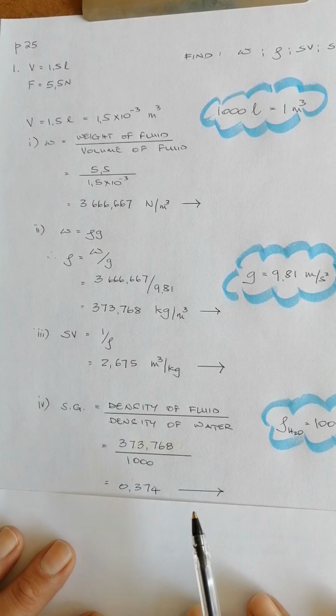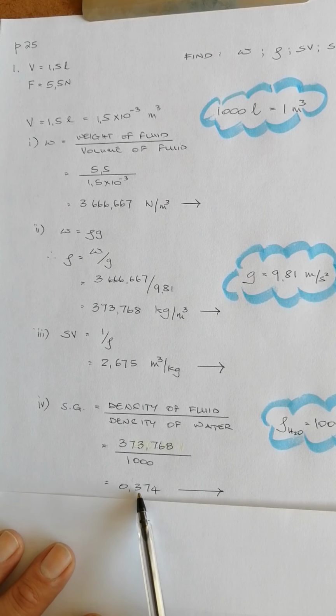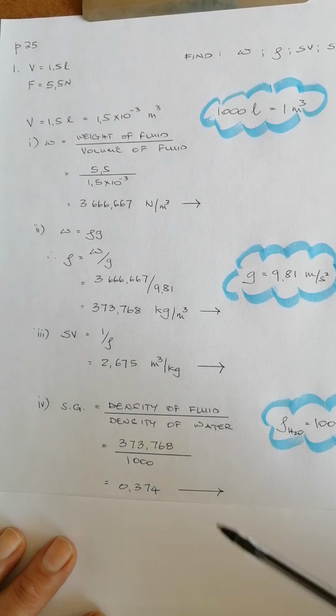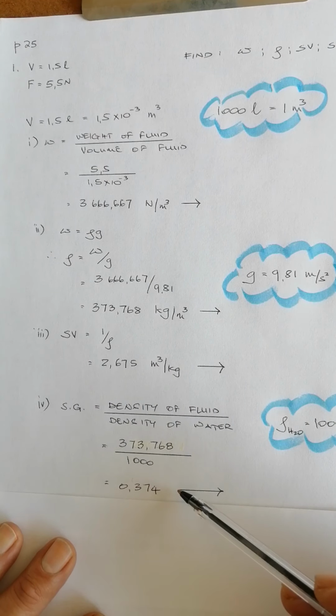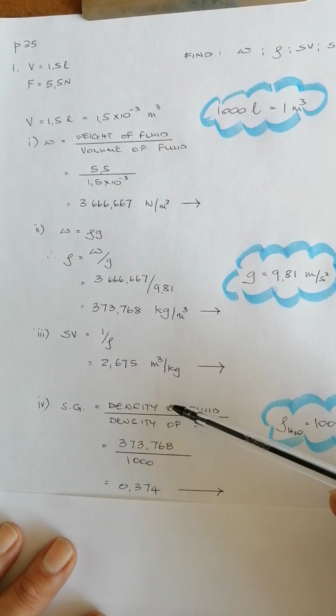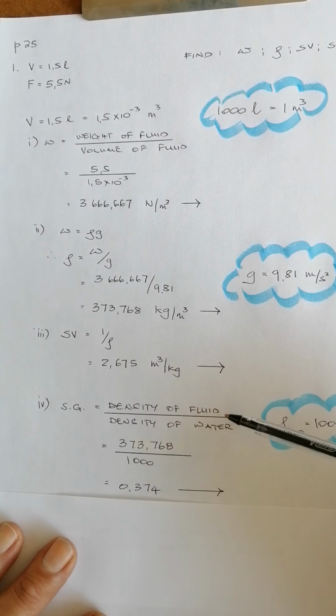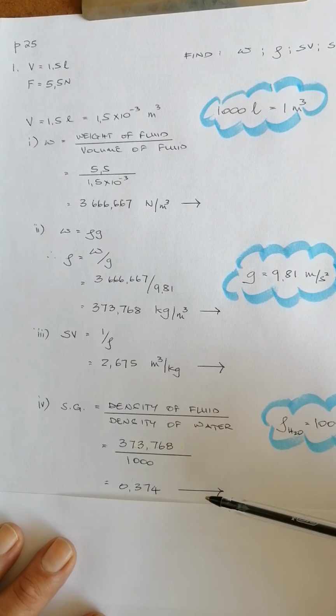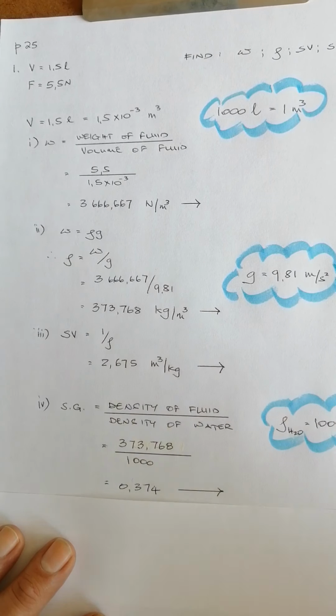So the specific gravity is 0.374. Now please do remember that it is dimensionless. There's no unit to it because we're having the density of the fluid divided by the density of the water. So it's a ratio between two densities, and therefore it is dimensionless.